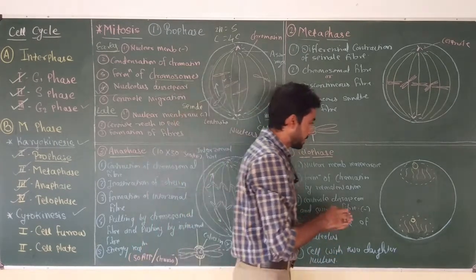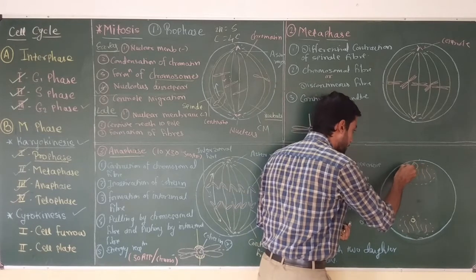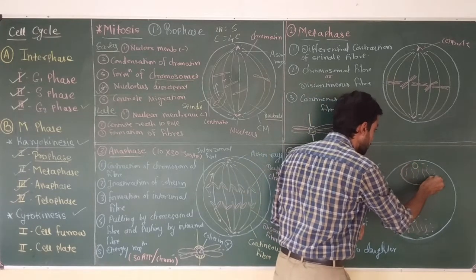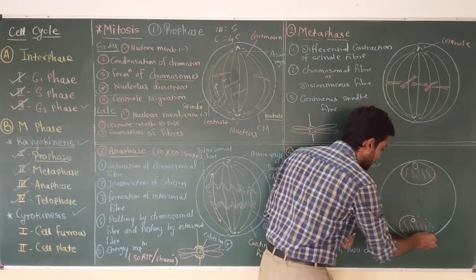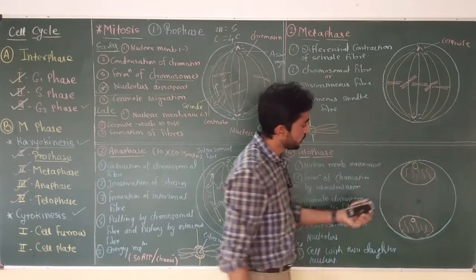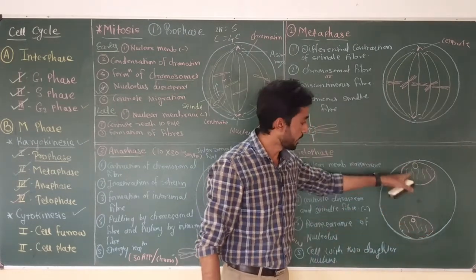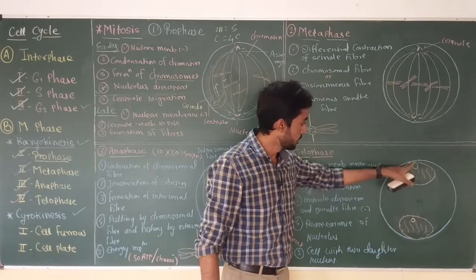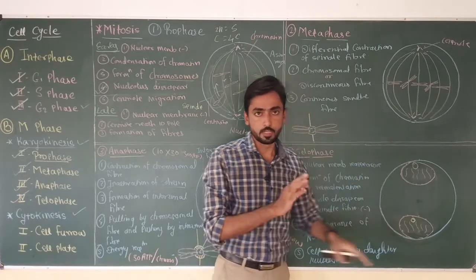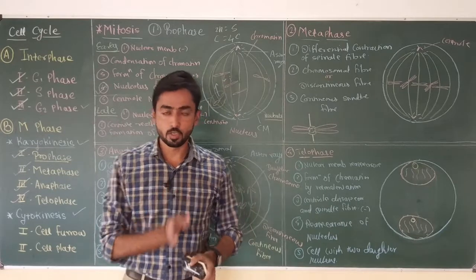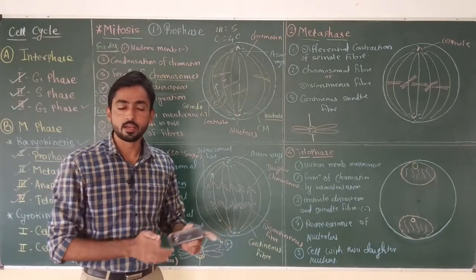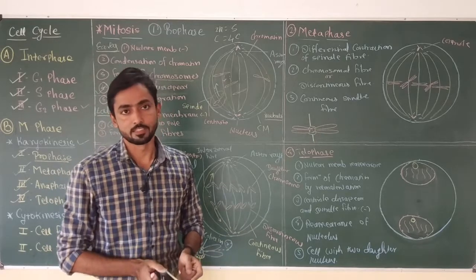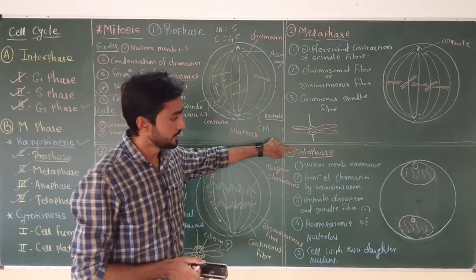Nuclear membrane assembly is completed, and the cell shows the presence of two daughter nuclei at both ends, with nucleolus. Spindle fiber disappears, centriole disappears, and chromosome gets converted into chromatin due to the recondensation process. So this is all about telophase.